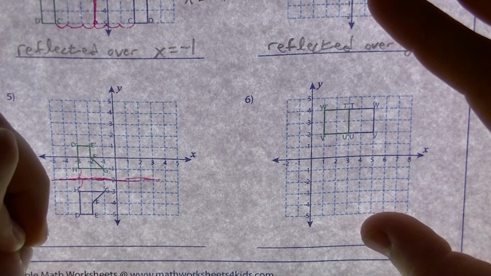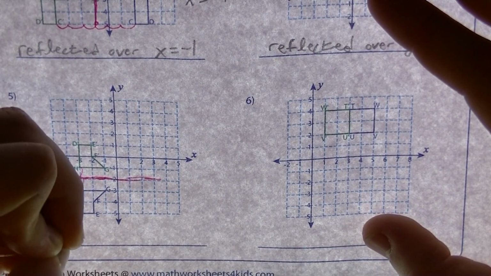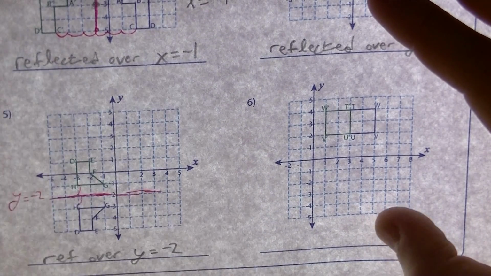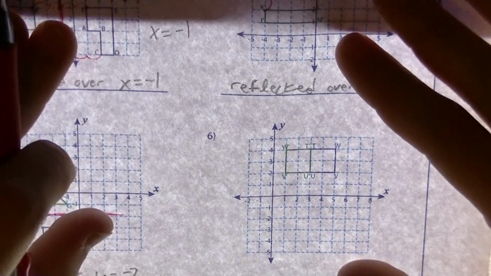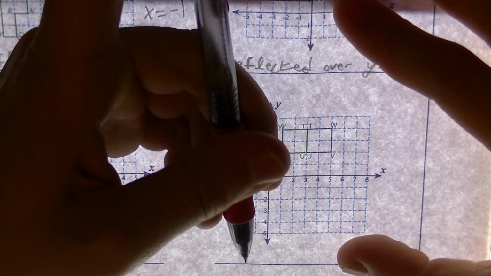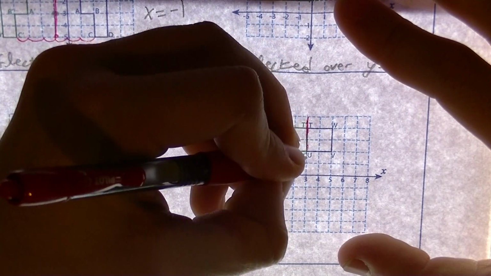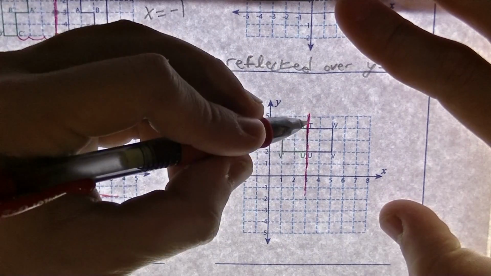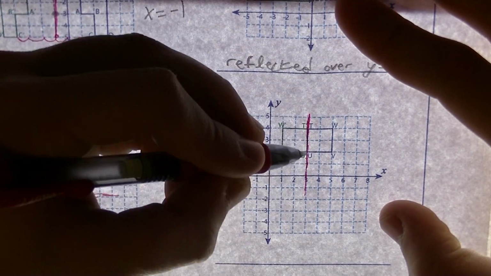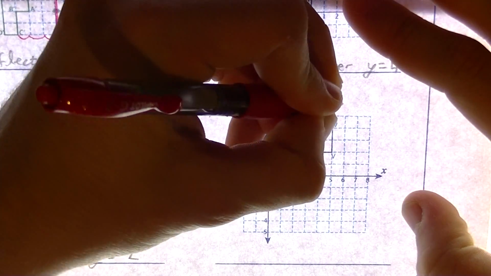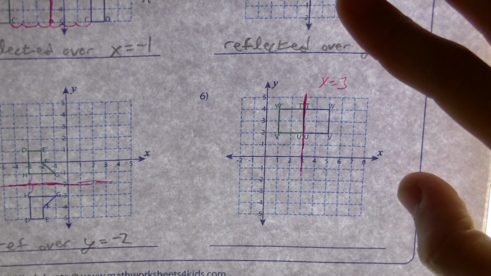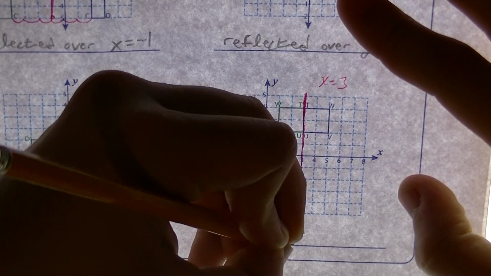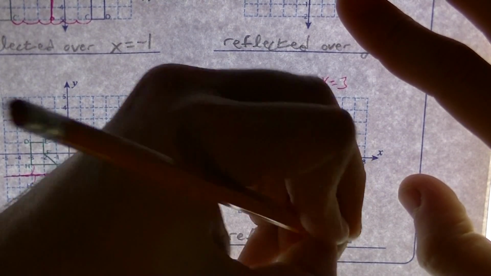So then I'll say reflected over y equals -2. And then finally, for this one, there's no distance between the two, so I can see the line right here. This is my line, and this is the line. All the x coordinates on this line are all the number 3, so this is the line x equals 3. And I'll just say reflected over x equals 3.